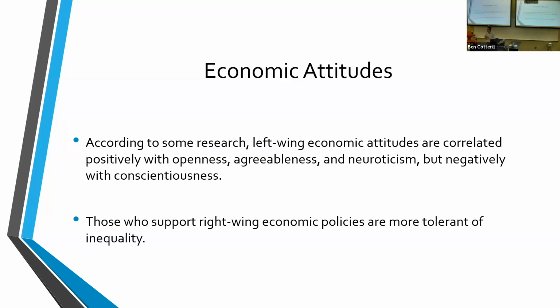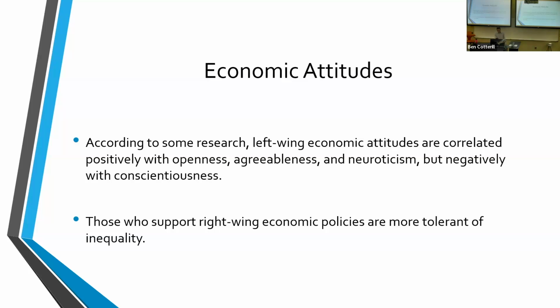Agreeableness, when it comes to social issues, at the big five level, has no predictive ability, because it's broken down and has differences: compassion predicts liberalism and politeness predicts conservatism. When it comes to economic issues, agreeableness at the big five level predicts more left-leaning ideologies. Neuroticism, to a smaller extent, also seems to predict more left-leaning attitudes. Perhaps because if one is more prone to worry and anxiety, then they're going to be more in favor of policies that put together a safety net for those in financial trouble.